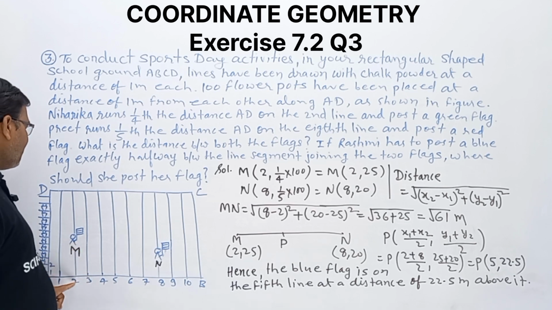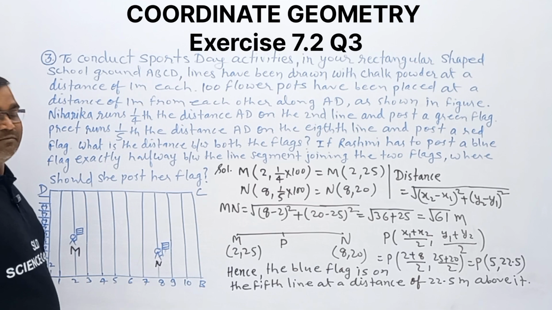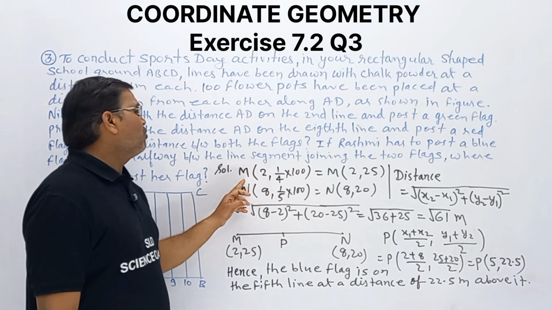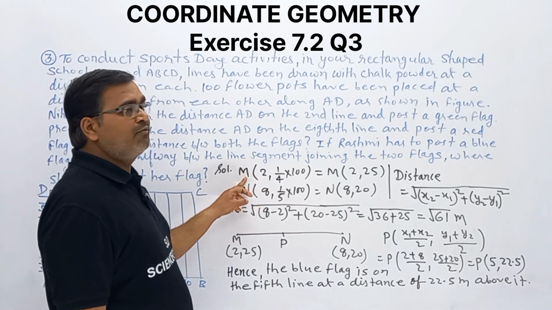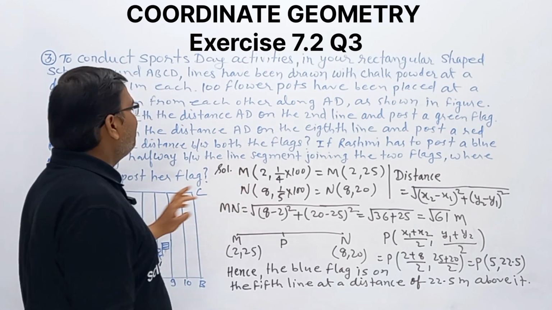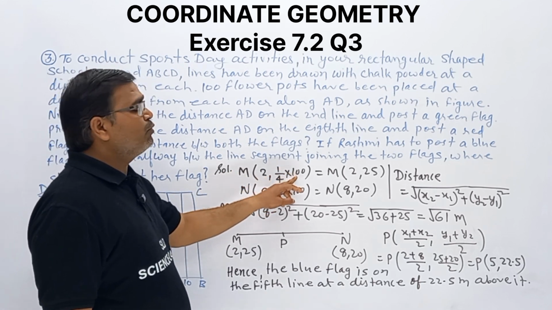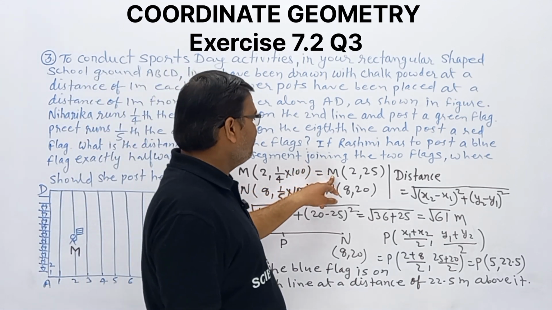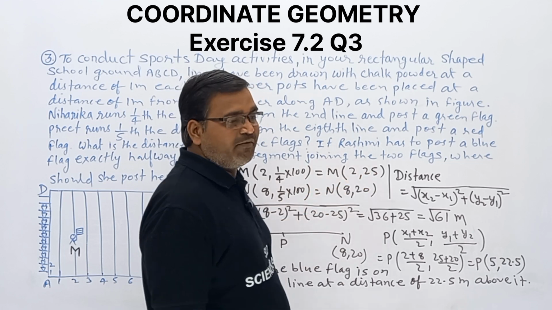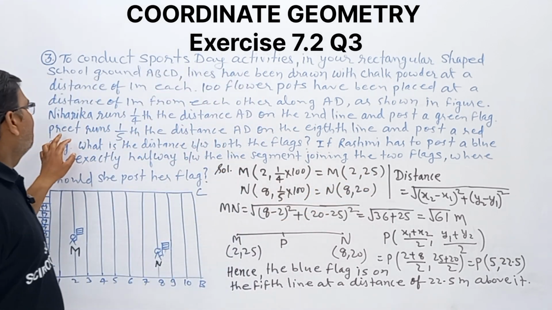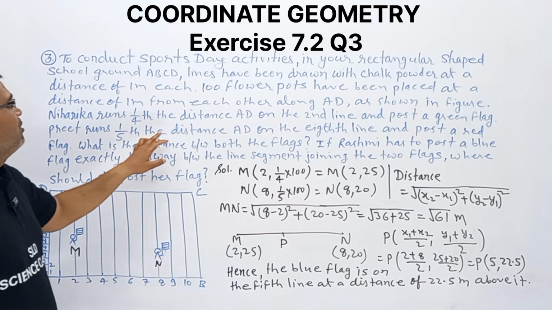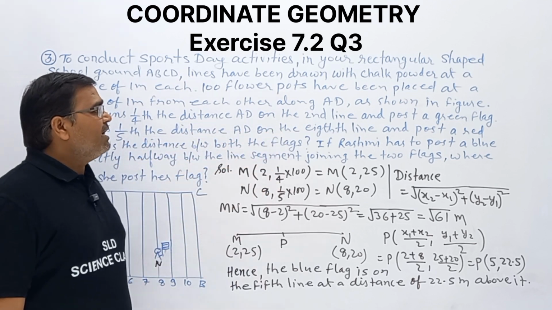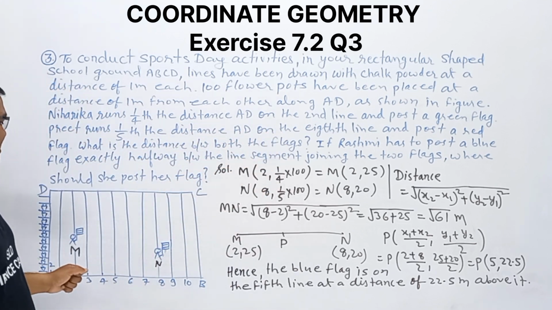Its x coordinate is 2, and the y coordinate will be 1/4 of AD. So the coordinates of this point will be 2 comma 1/4 into 100. Once we solve, we get the coordinates of point M as 2 comma 25. Clear?